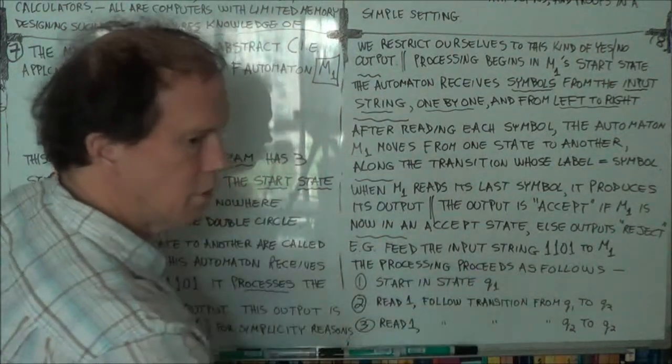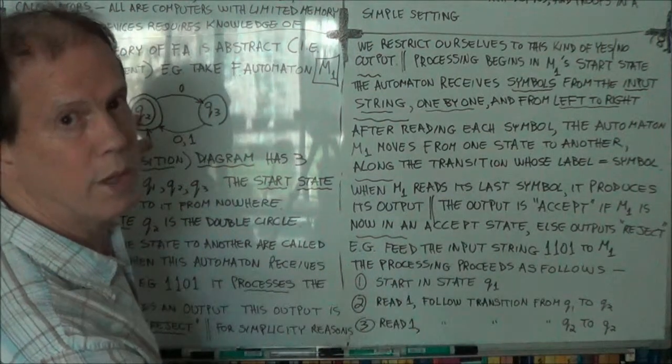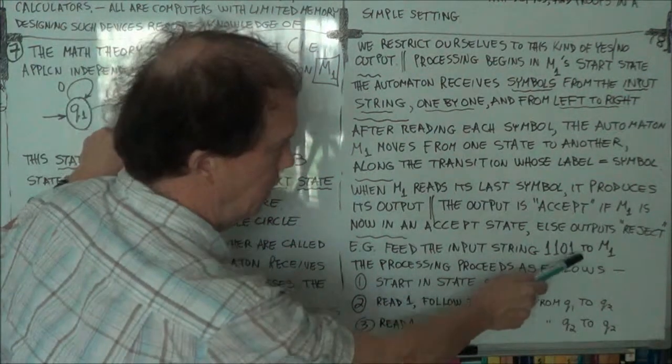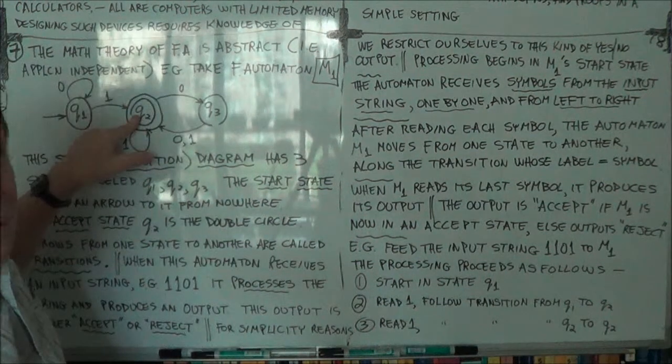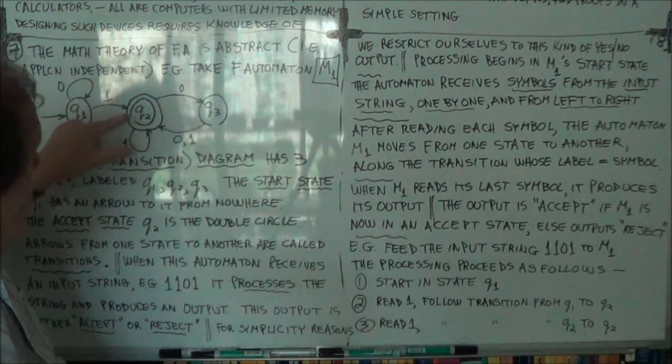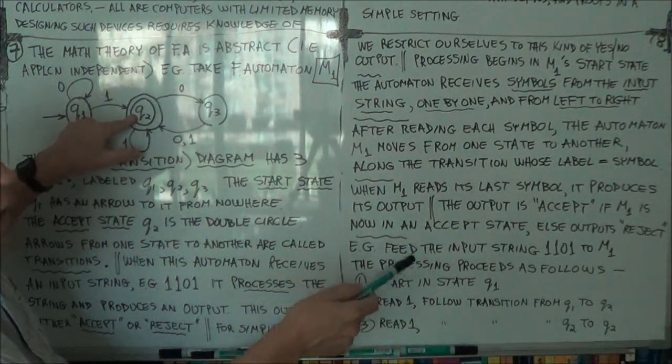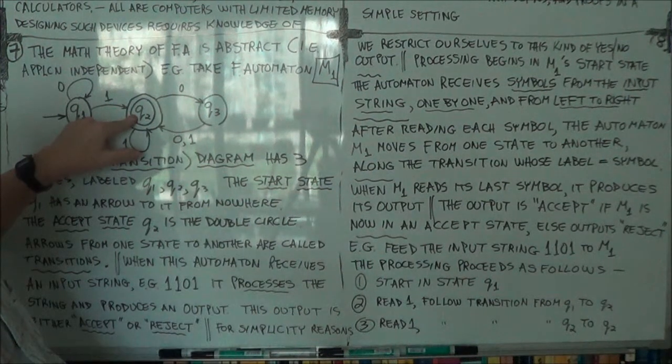The automaton, it's assumed, has a way of detecting that it's finished reading the string. That's the end, and now it makes a decision. It looks at what state it is in. Is it in an accept state or not? If it's not in an accept state, it will output reject.